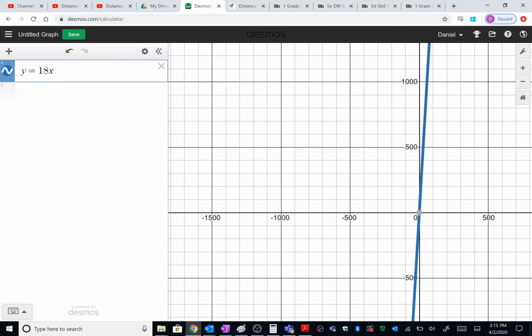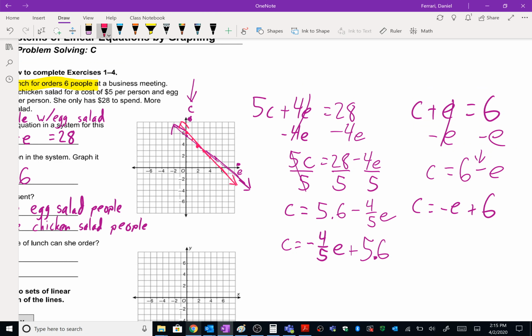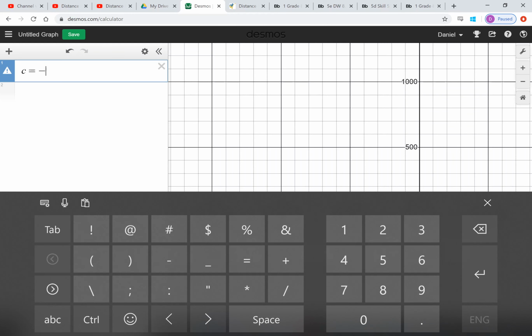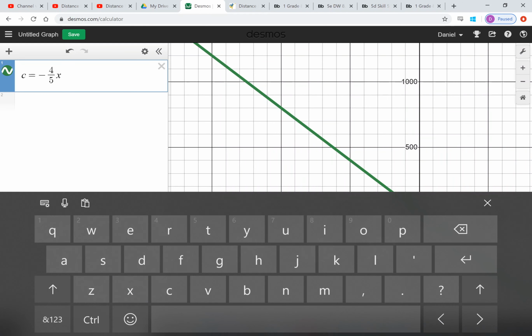Okay, so let's go ahead and take a look at our two equations. So our first equation, we got C equals negative 4/5 x, or sorry, I guess we did e, excuse me.